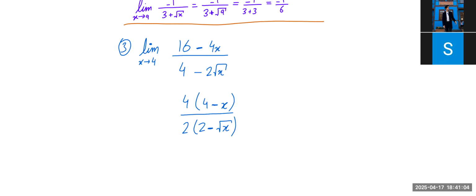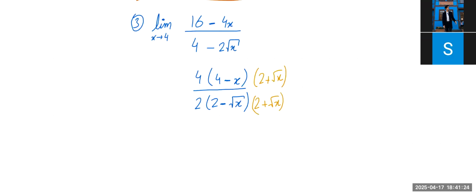I had 4 into 4 minus x over 2 into 2 minus square root of x, times 2 plus square root of x over 2 plus square root of x. So you got 4 minus x, 2 plus root x, and at the bottom I had 2 minus square root x times 2 plus square root x.